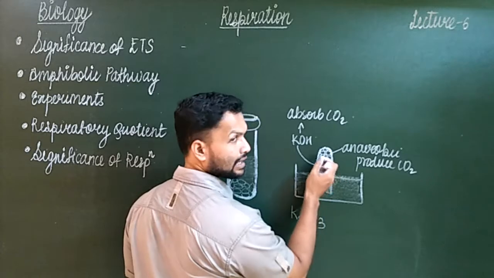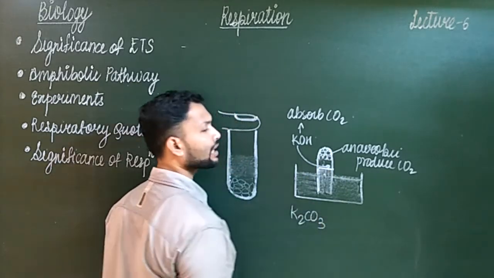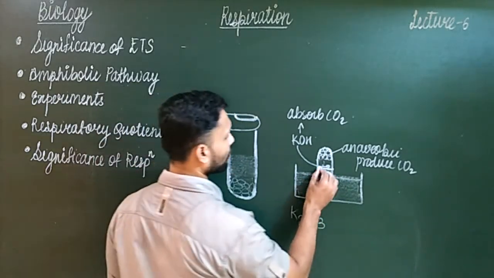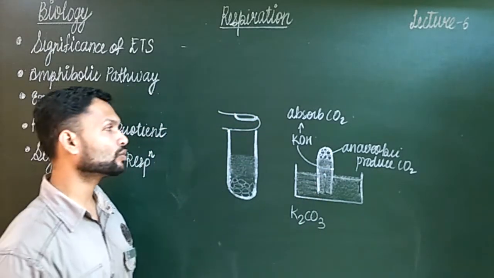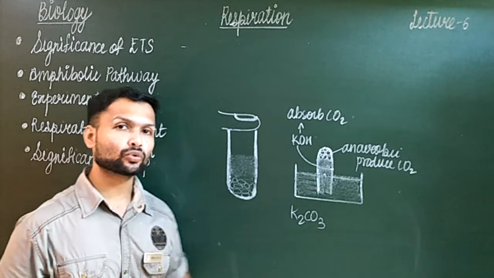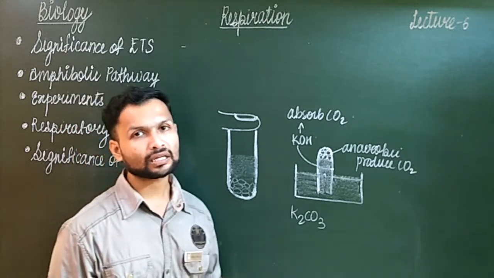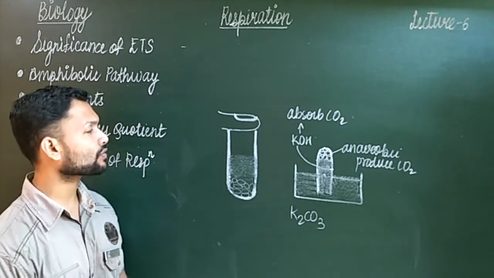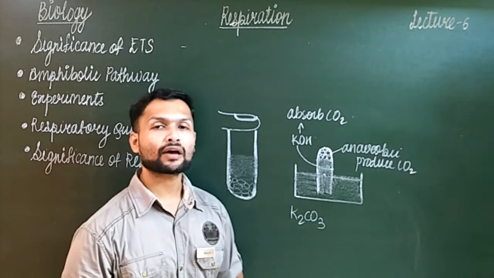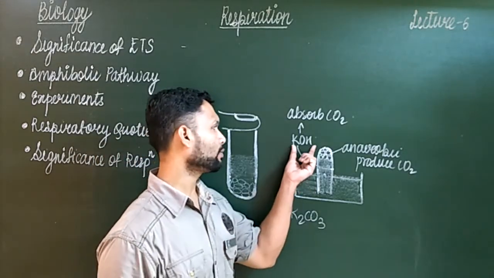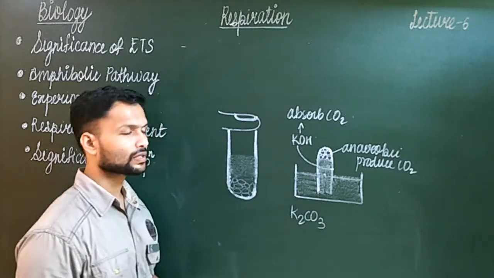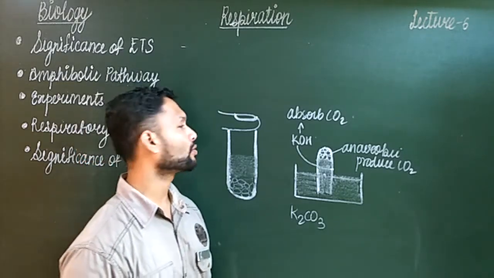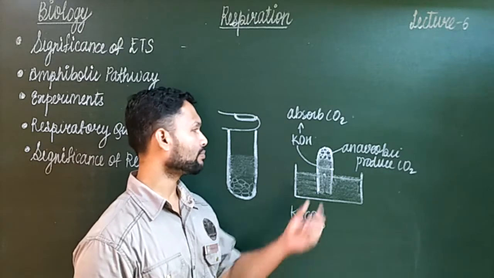Since the gas has been removed, the mercury level again rises over there. This proves that the seeds have released CO2, which means they are showing anaerobic respiration. How have we guaranteed the presence of CO2? When we put KOH, it is converted into K2CO3 and water, and that results in the formation of back pressure.